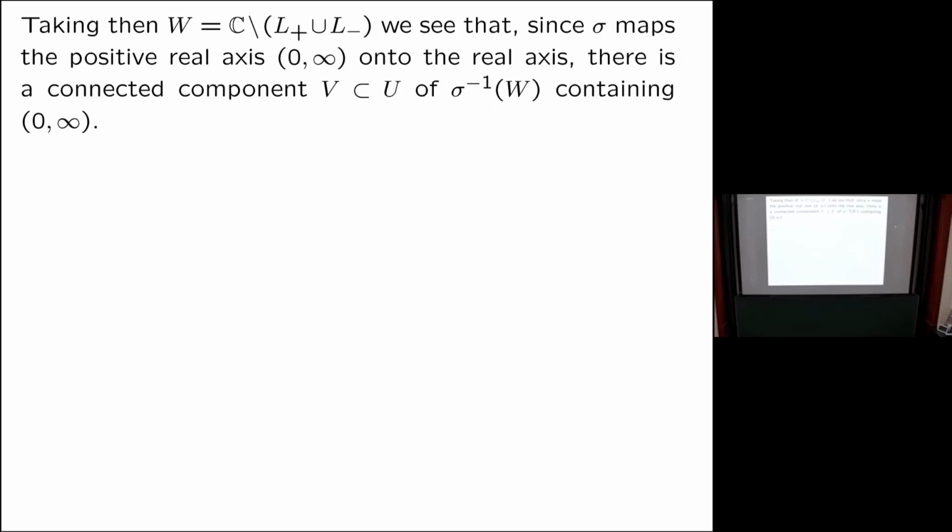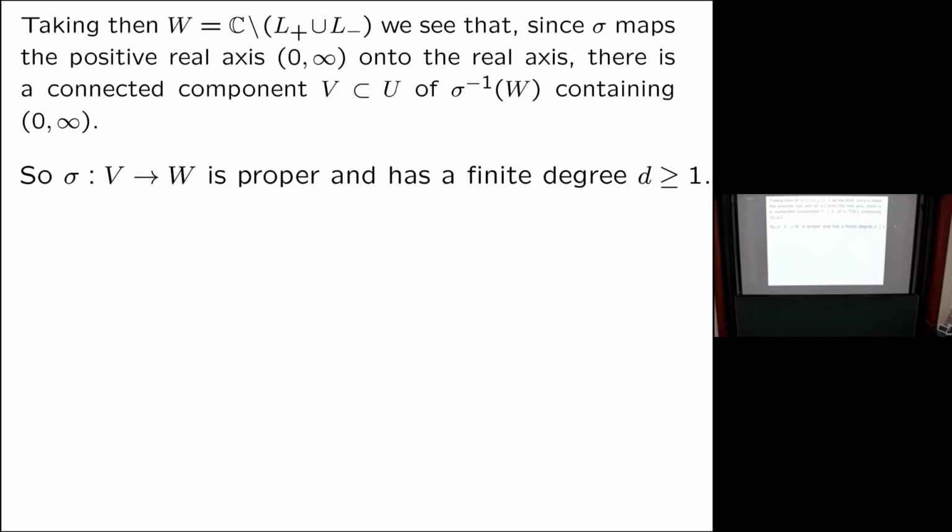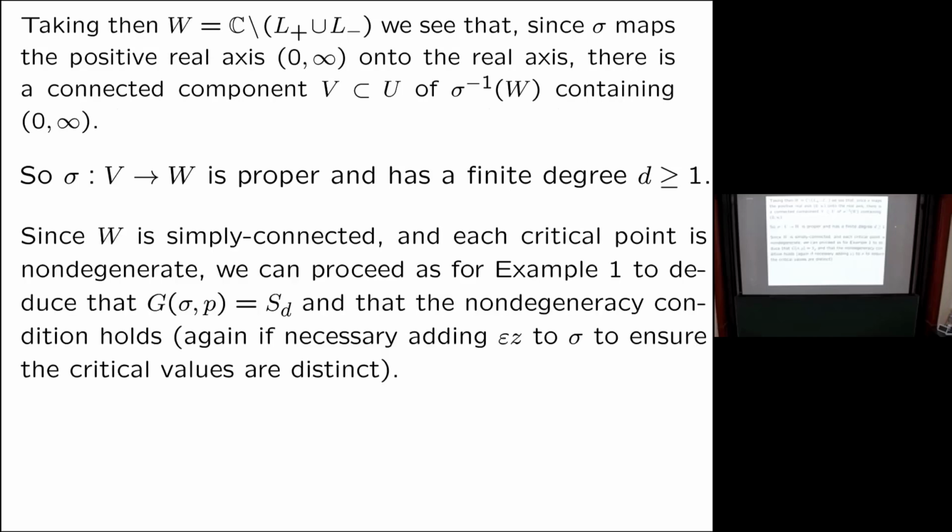So there is a connected component of sigma inverse of W that contains 0 and infinity, and then sigma is proper. It has a finite degree D. And then you will see, as an example, that maybe you have to add epsilon z to ensure that the critical values are distinct.